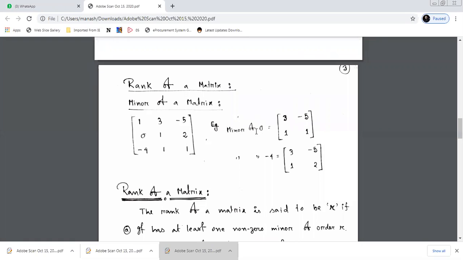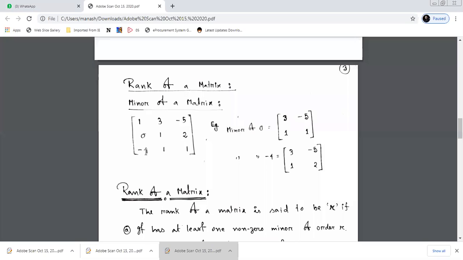Minor of 0 means what? Simply you have to exclude this entire row and entire column. Then what is left? 3, minus 5, 1, 1. So this is called the minor of an element of a matrix.